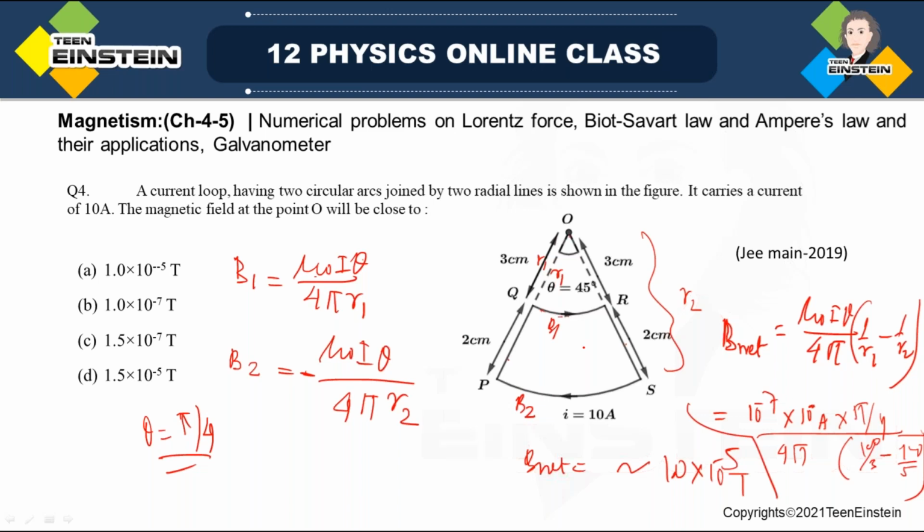Now you have to calculate the magnetic field for both the arcs, and since the magnetic field is in the opposite direction for both the arcs, there will be a net magnetic field at this particular center. And that answer will be this one.